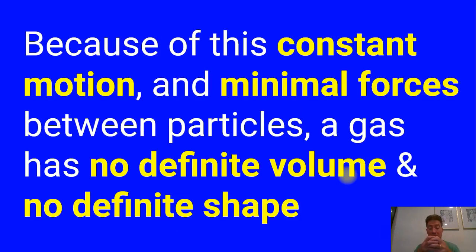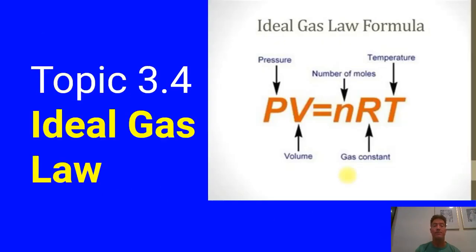So nothing is clumping it together, so it's free to expand to fill the space. And it has no definite shape because, again, nothing is constraining it. So a gas in this constant motion with nothing to pull it together is just going to go everywhere and take the shape and volume of whatever its container is.